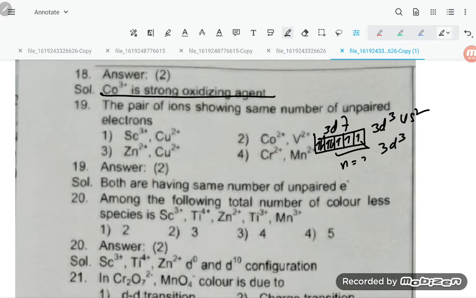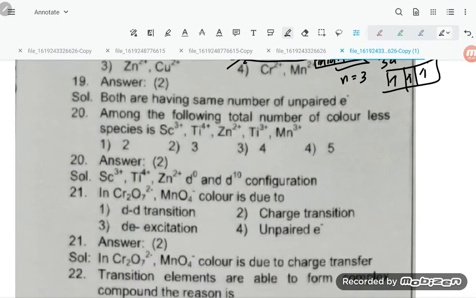So n is equal to 3. Here also n is equal to 3. So the correct option is option number 2. Both have the same number of unpaired electrons.